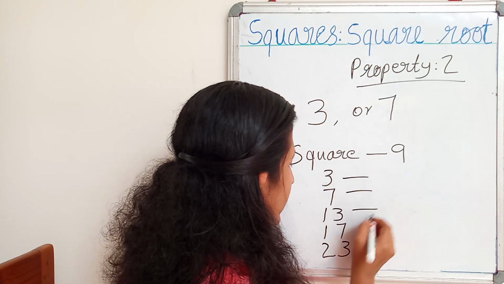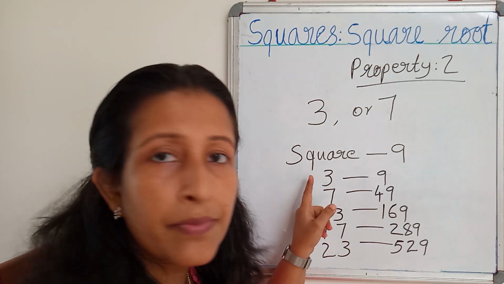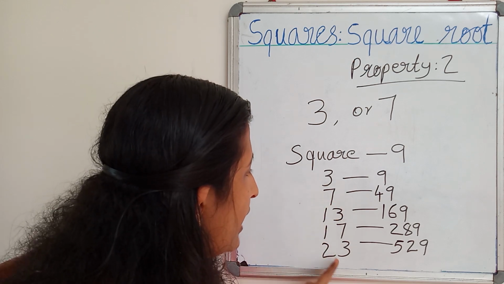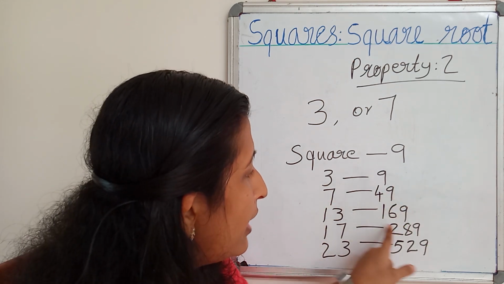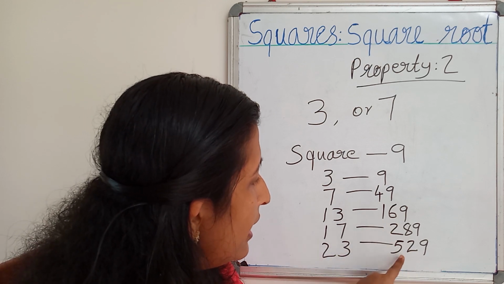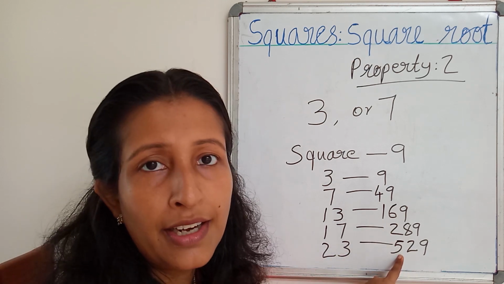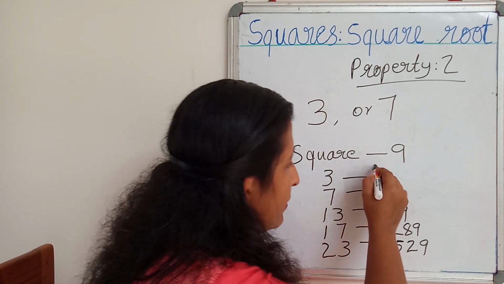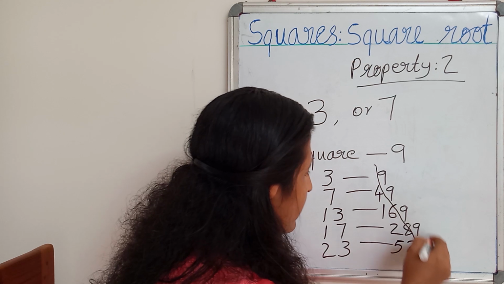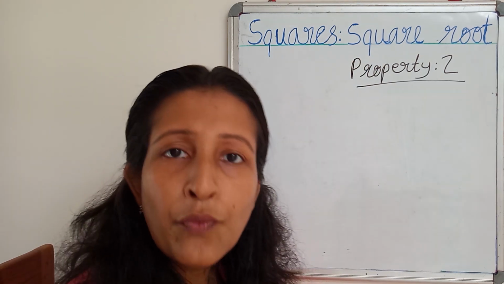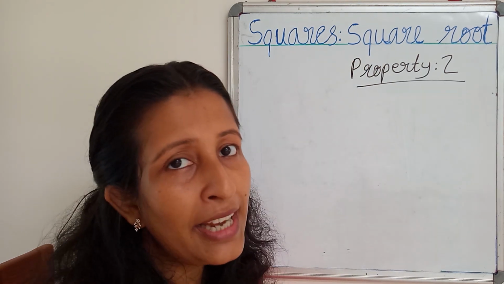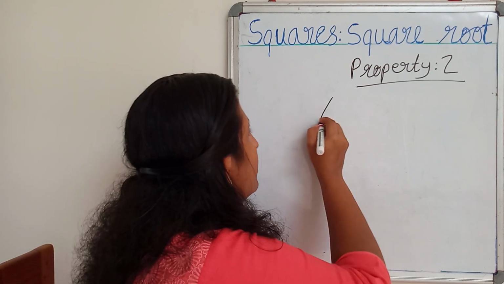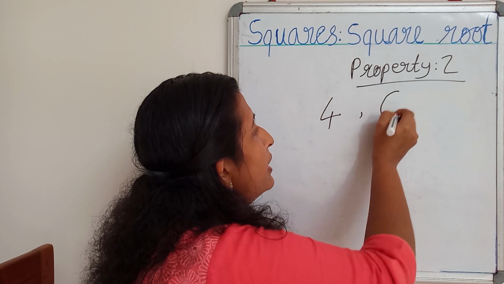So I am going to find the squares of these numbers. See, the squares of 3, 7, 13, 17 and 23: 9, 49, 169, 289 and 529. So what is the speciality of these square numbers? All the numbers are ending with 9.